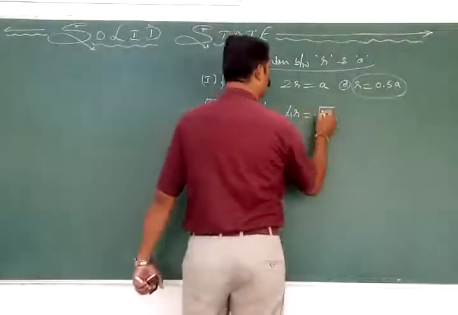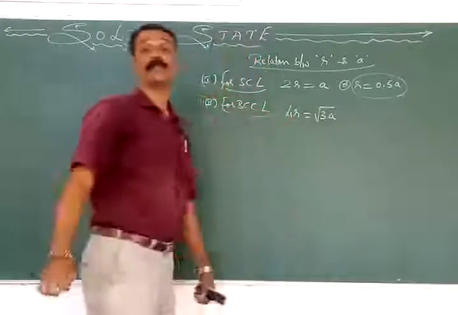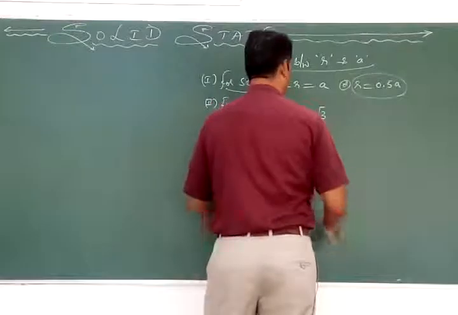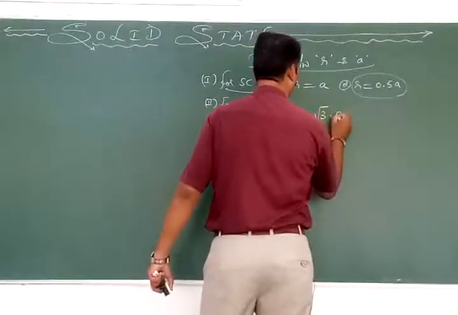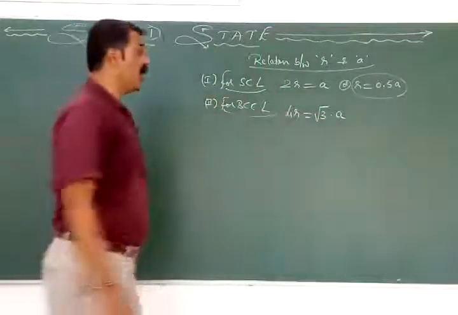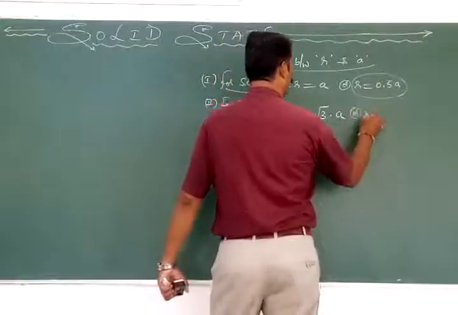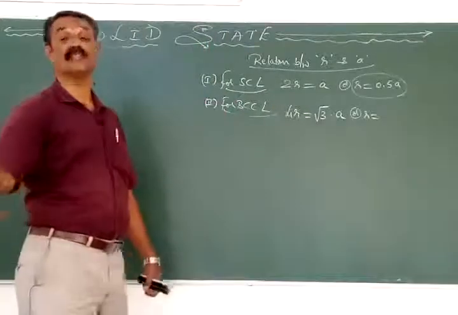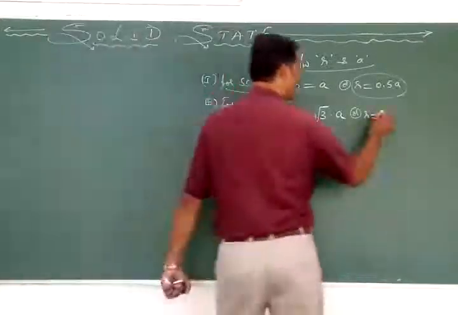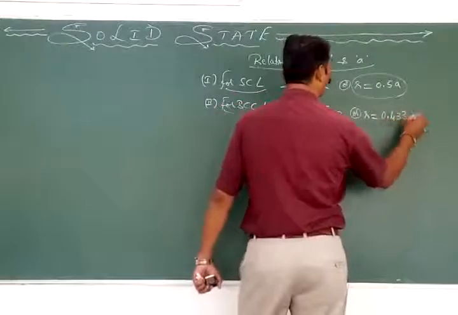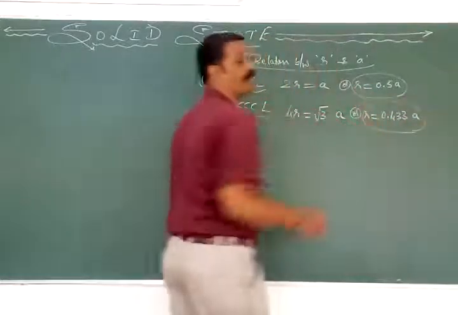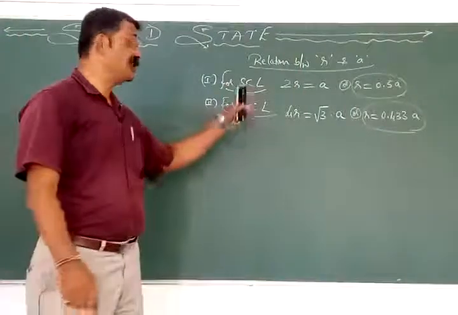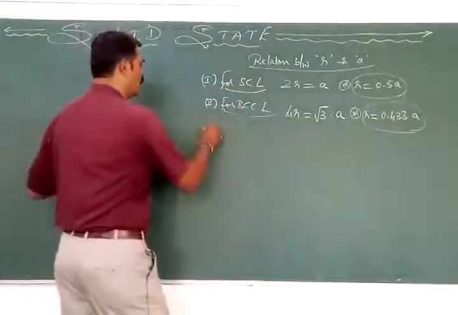But that is equal to root 3 into A. So R is equal to root 3 by 4 into A. Root 3 is 1.73 something divided by 4. On simplification, I will directly write the final answer: R is equal to 0.433 times A, for the BCC lattice.